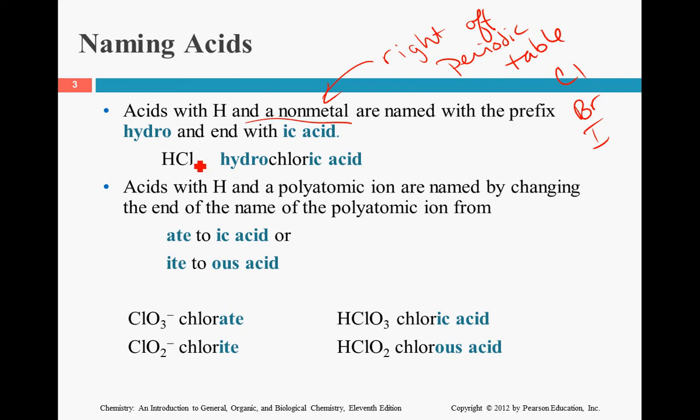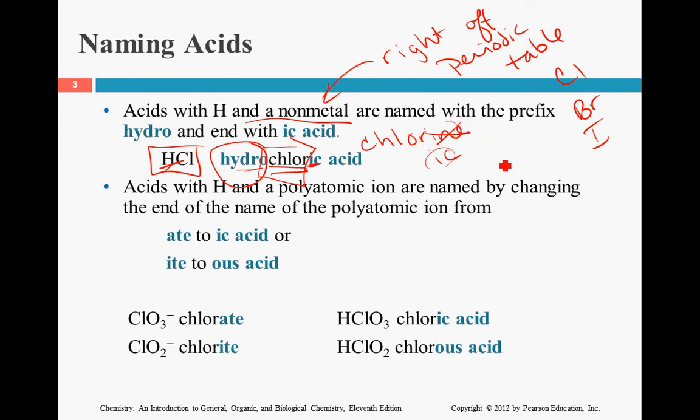For instance, here's HCl, that's chlorine. It starts with hydro, telling you that there's a hydrogen there. We're taking the base of the word, and taking off the INE. It's supposed to be chlorine, typically. We're taking off the INE and exchanging it for an IC. So instead of chlorine, it's hydrochloric. So the INE is replaced by the IC.